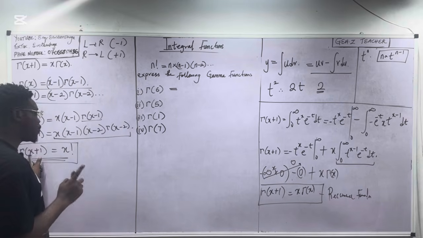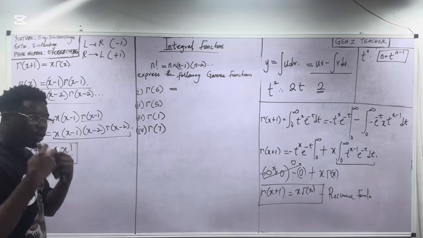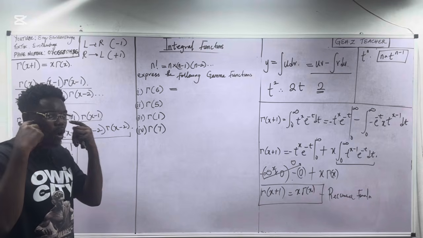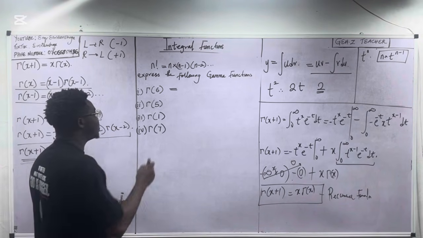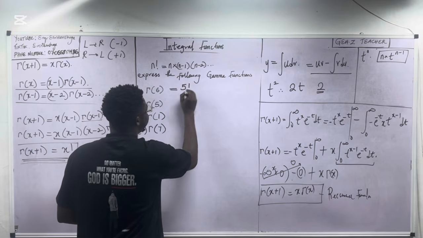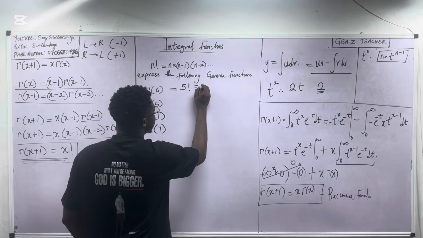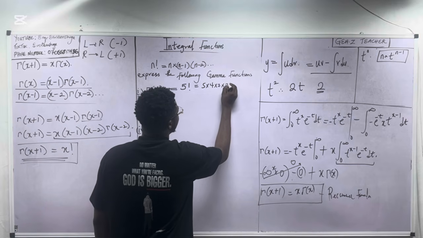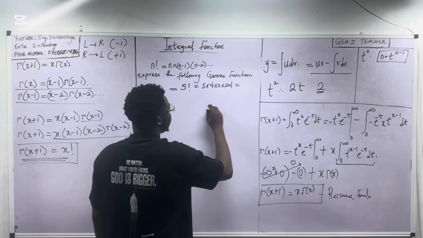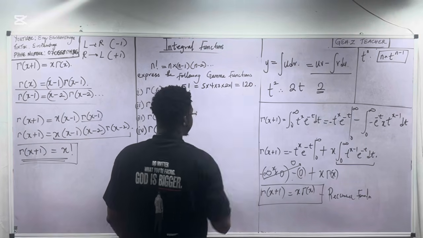No, x plus 1 equals 6. So if x plus 1 equals 6, what should be x? X should be 5. Okay, so it means this should be equal to what? 5 factorial. And what's 5 factorial? That's 5 times 4 times 3 times 2 and times 1. And that should give you around 120.